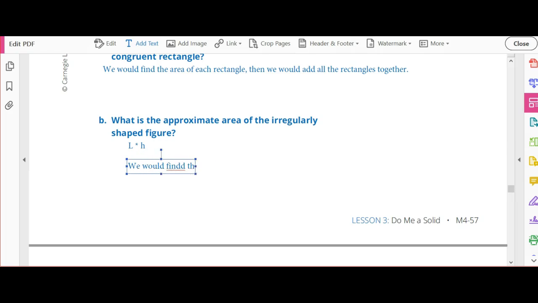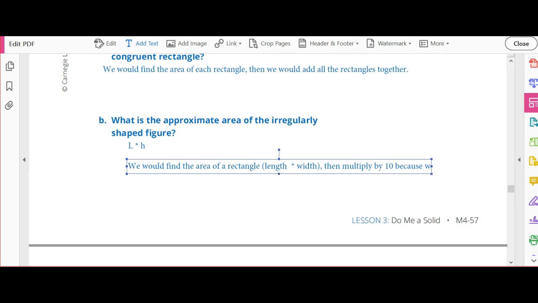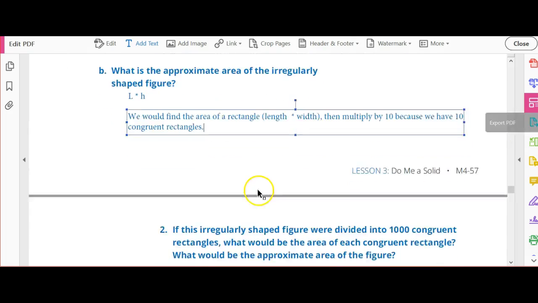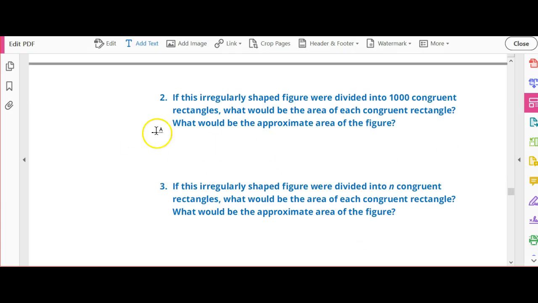We would find the area of a rectangle, length times width, then multiply by 10 because we have 10 congruent rectangles, right?